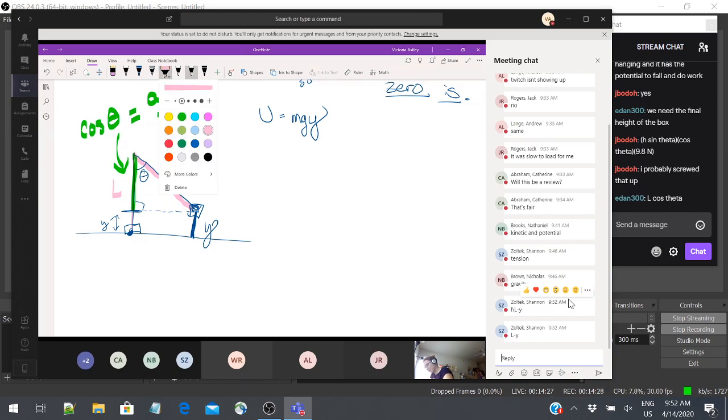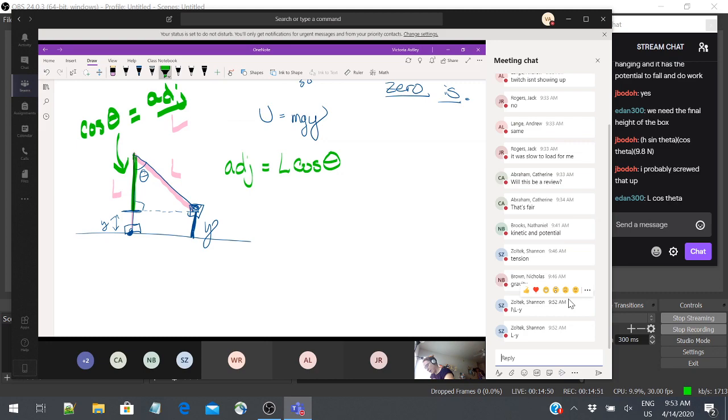My hypotenuse is L, right? So I know this adjacent piece, adjacent is L cosine theta.